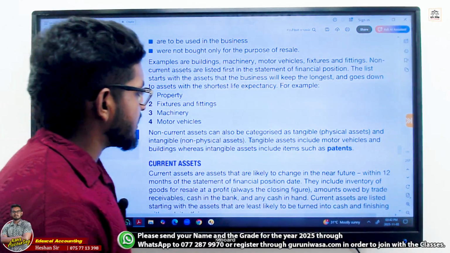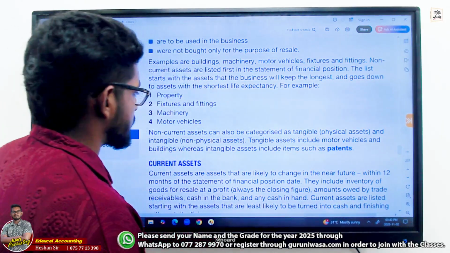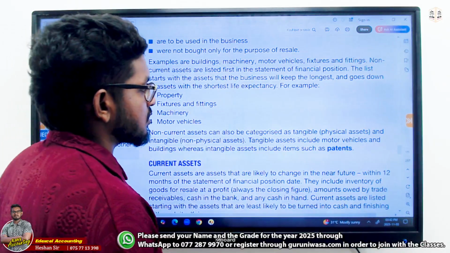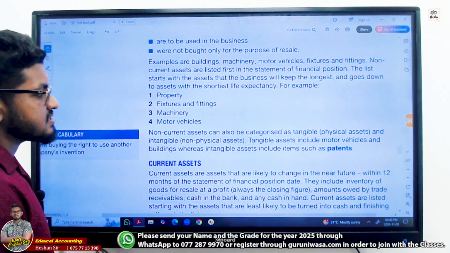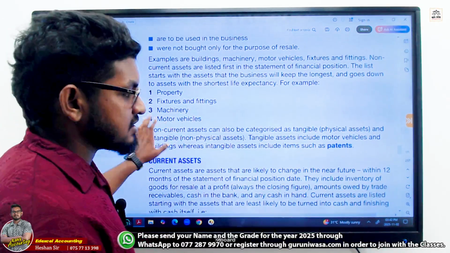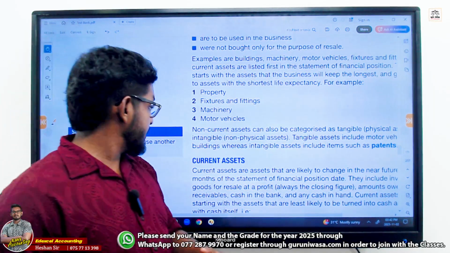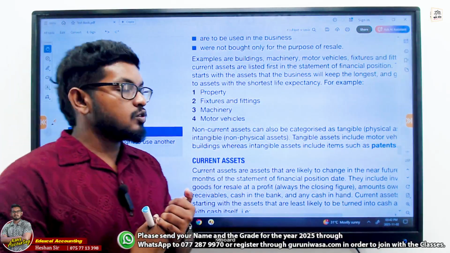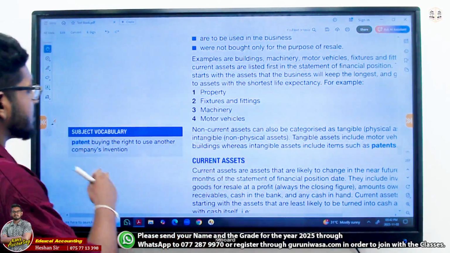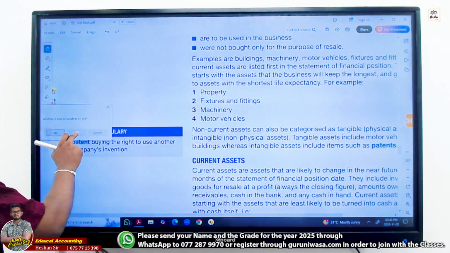Non-current assets can be categorized into tangible and intangible. Tangible assets include motor vehicle and building, whereas intangible assets include such things as a patent. Patent means buying the right to use another company's inventions. Now normally non-current assets means we expect to use more than 1 year.